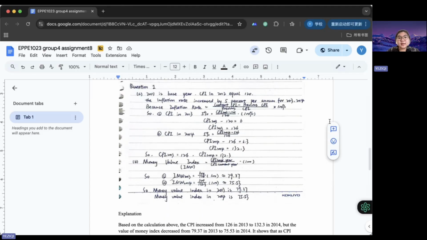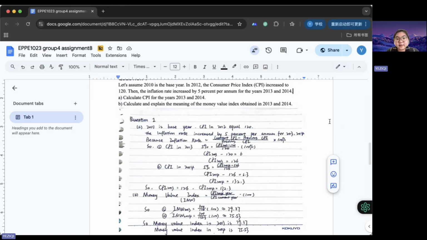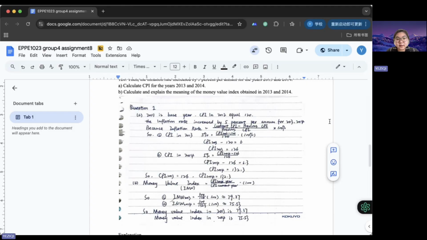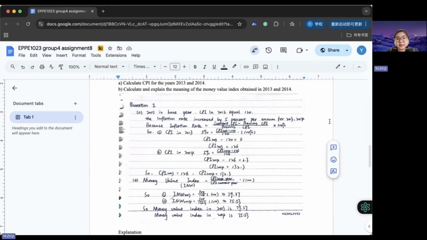So the first one: 2010 is the base year, and the CPI in 2012 is equal to 120. The inflation rate increased by 5% per annum in 2013 and 2014. The formula of inflation rate is equal to current CPI minus previous CPI, divided by previous CPI, multiplied by 100%.